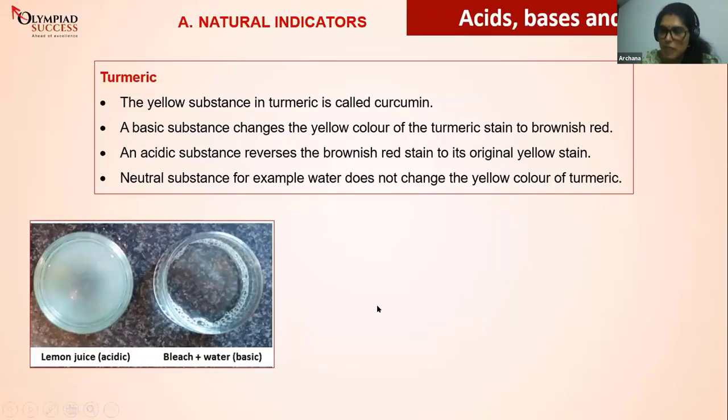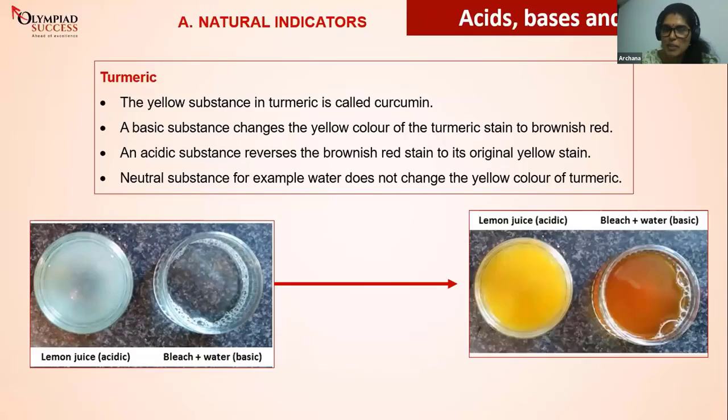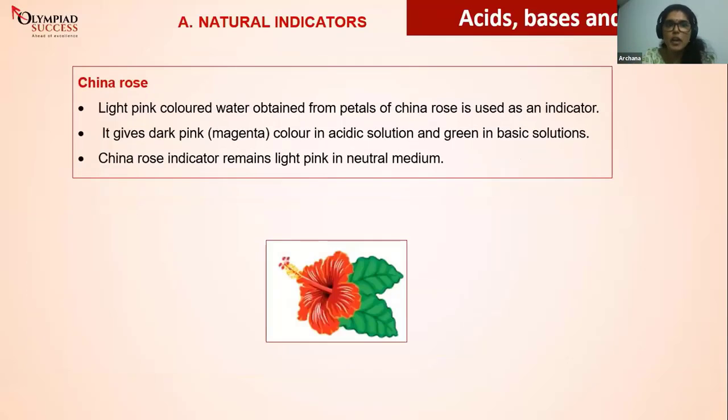Bleach will be brownish red, that's right, and lemon juice will remain yellow. You can also think of it as mango juice, yellow in color. It will remain yellow and the bleach will become brownish red. Based on the amount of base present, the red color will be that prominent. It depends upon the amount of base, and also the strength of the base, which you will be looking at.